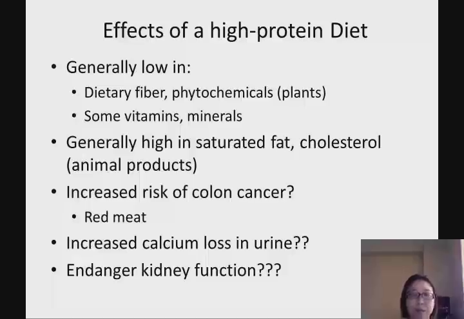Red meat has those special nitrogen compounds inside, and bad bacteria like to use them to produce harmful toxins in the colon. That damages the colon and may cause colon cancer.